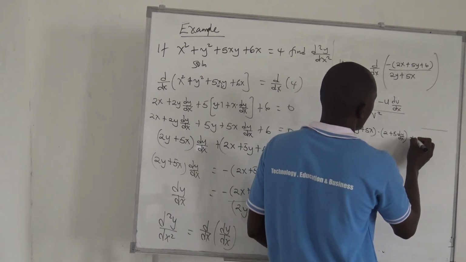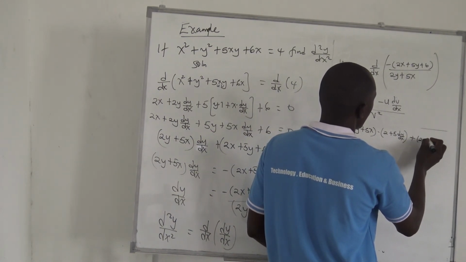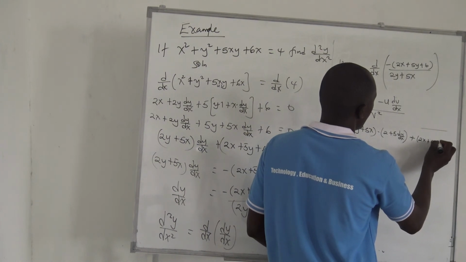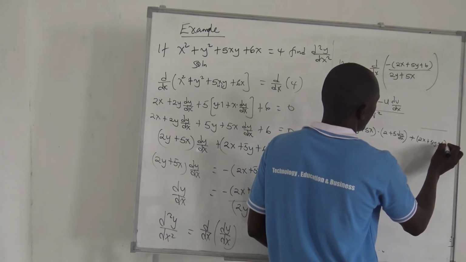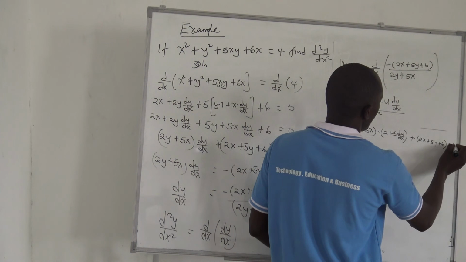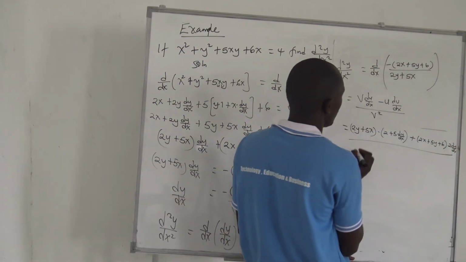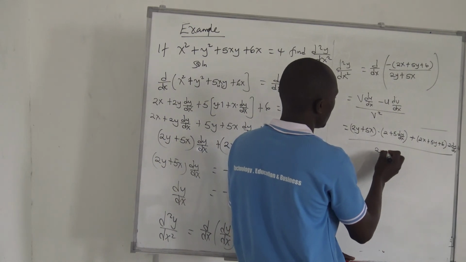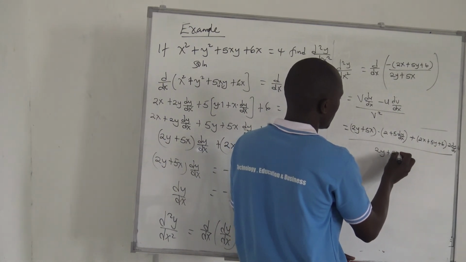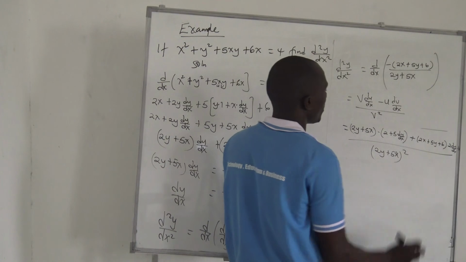It comes now as 2x plus 5y plus 6. Differentiate the denominator, you get 2 dy/dx plus 5, all over 2y plus 5x the whole squared.